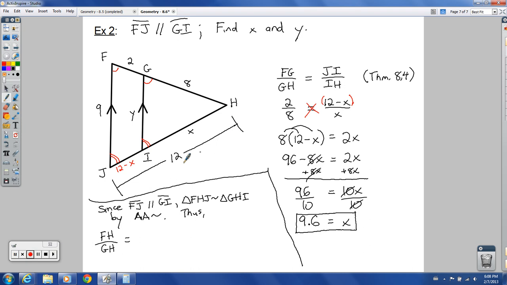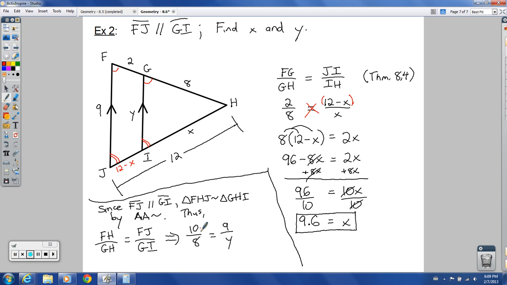I've already solved for X, so I don't need to do that. I do need to solve for Y. So I'm going to compare this whole thing to this whole thing, compared to this whole thing to this whole thing. So I'll have FJ over GI. If that's true, I'm running out of space here, so I'm going to say that that being true would imply that 10 over 8, 10 just being 2 plus 8, that's what FH is, would equal 9 over Y. You could cross multiply that.